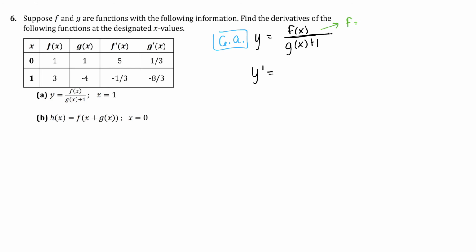Where f is f of x, so the derivative of f is f prime of x, and g is g of x plus 1, and the derivative of that, so the derivative of g is g prime, and the derivative of 1 is 0. So this will be f prime g minus g prime f all over g squared.